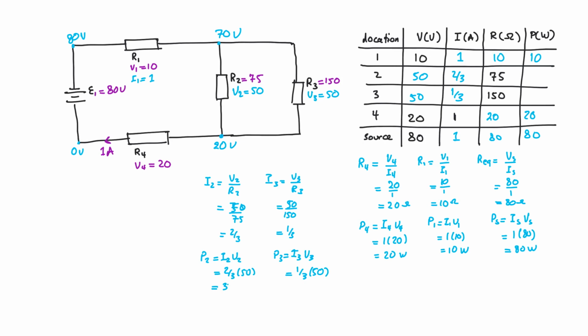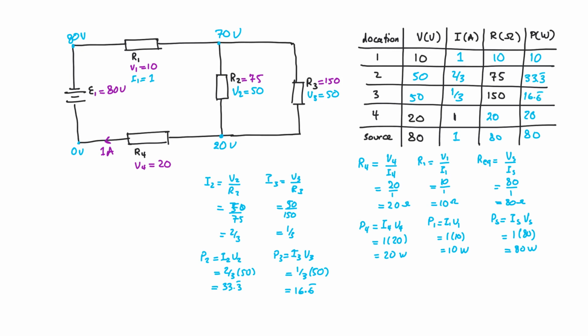This is going to give me 33.3 repeated, and this is going to give me 16.6 repeated. Put those values in. Again, I'm not looking for significant figures here. Power 2, 33.3, and this one 16.6.